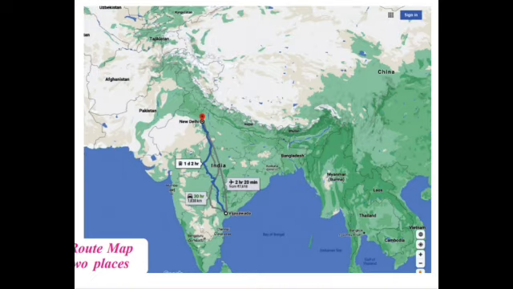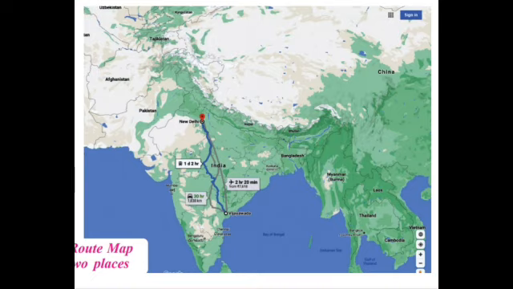Look at the map. Children, what do you observe in this map? This map shows us the route of New Delhi and Vijayawada. Here we can see the three routes: train, road and air. Then we can also observe here the neighboring countries of our India.